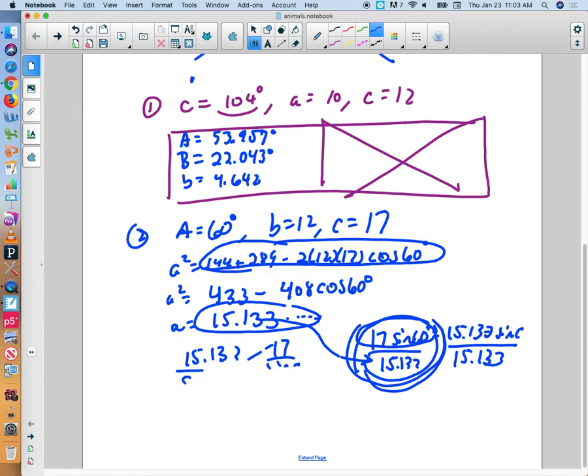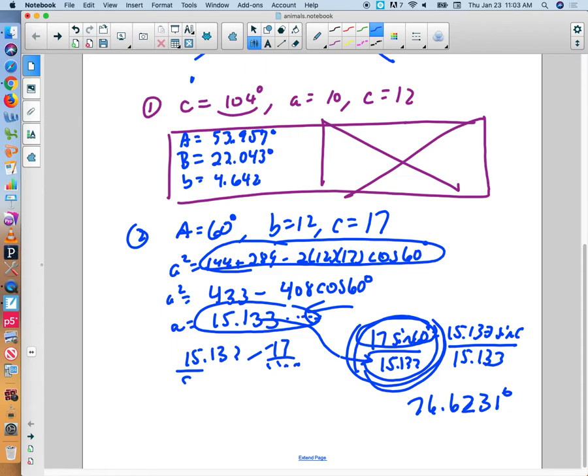And then inverse sine. 76.623. Okay, and it's probably that because of this rounding problem. Okay, so I think everything's fine.